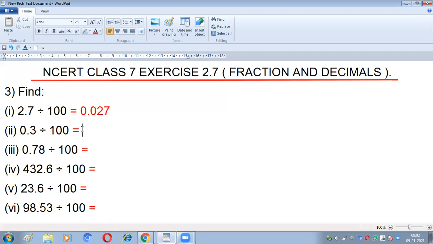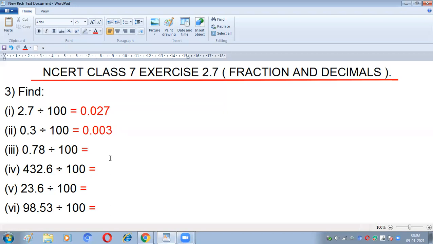So we write point, 0 as the first digit, 0 as the second digit, and 3 as the third digit. And since here is a point, obviously we will put another 0 before the point.